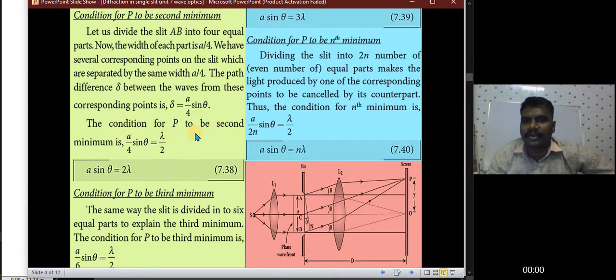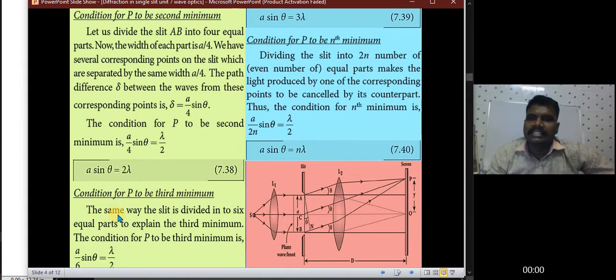The condition for P to be the second minimum is a by 4 sin theta equal to lambda by 2. Then a sin theta is equal to 2 lambda, for each part of a by 4 in the slit. So a sin theta is equal to 2 lambda. The next is the condition for P to be the third minimum.